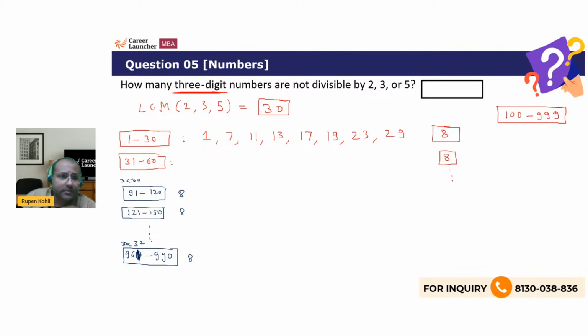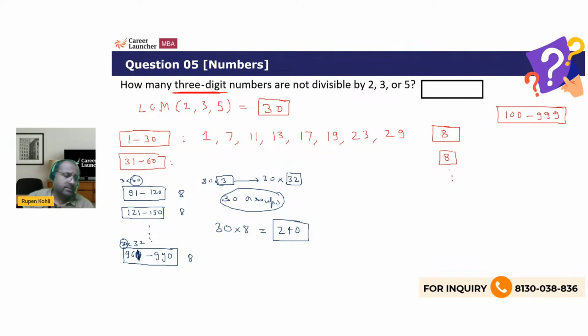So from 30 into 3 to 30 into 32, from the third group to the 32nd group, we have taken 30 groups. In 30 groups, how many numbers will there be? 30 times 8, which is 240 numbers.